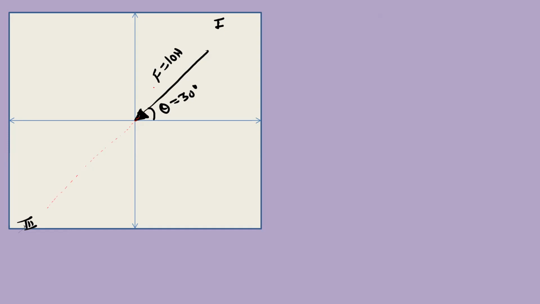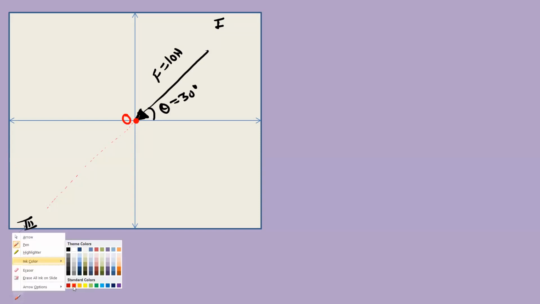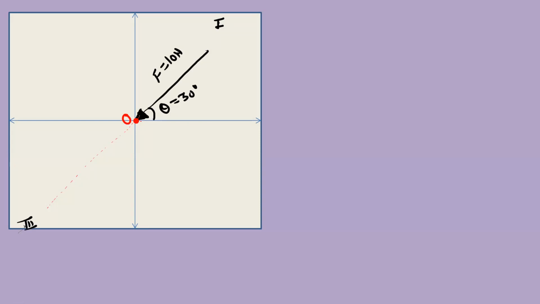So whenever you resolve such forces, suppose this point is O. Okay. And if you want to resolve the force at the point O only, so draw the vector. So this is the x component or fx. So whenever you show the direction for the component, observe the initial direction.